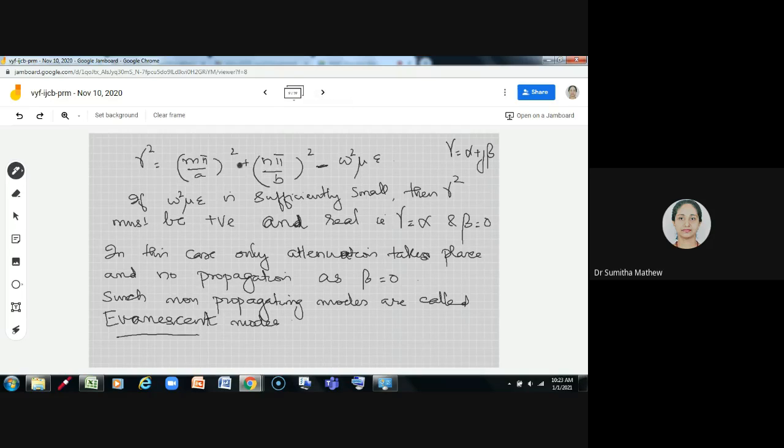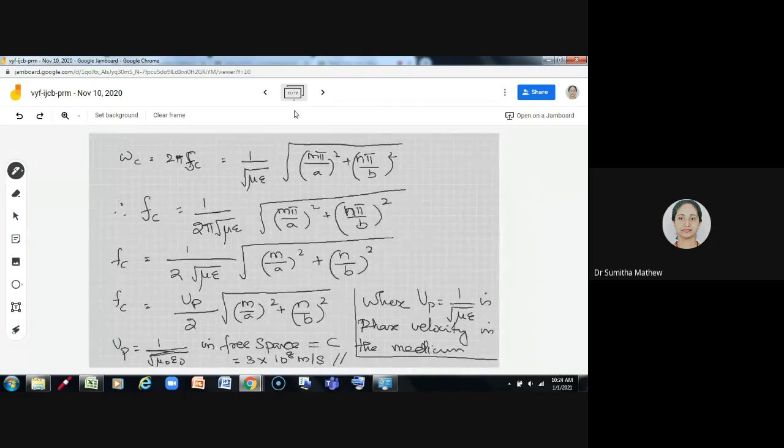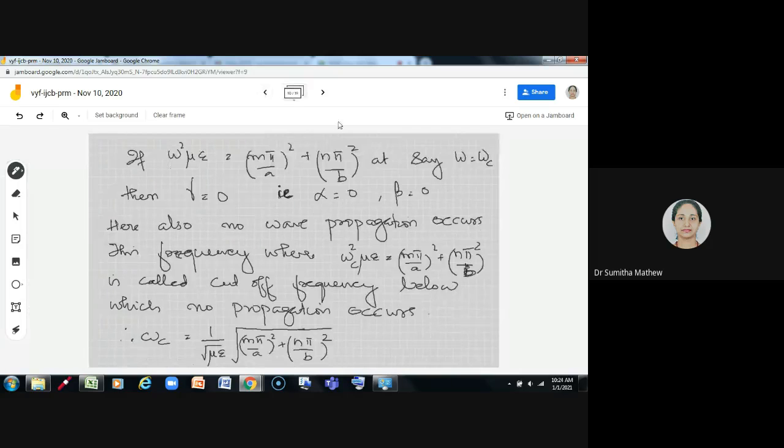First case is when this one is positive. Second case is when both these two are equal. Third case is when this part is less than omega square mu epsilon. So at some frequency that can occur. At some frequency, say omega equal to omega c, that part becomes equal.